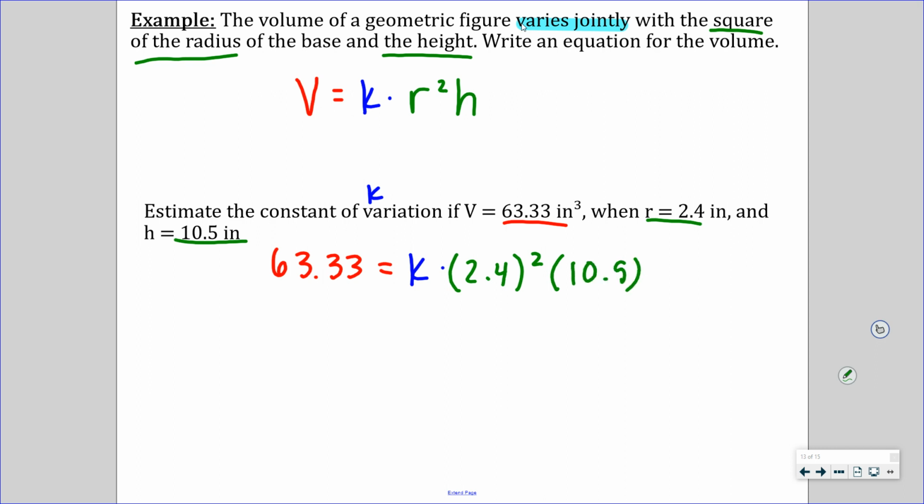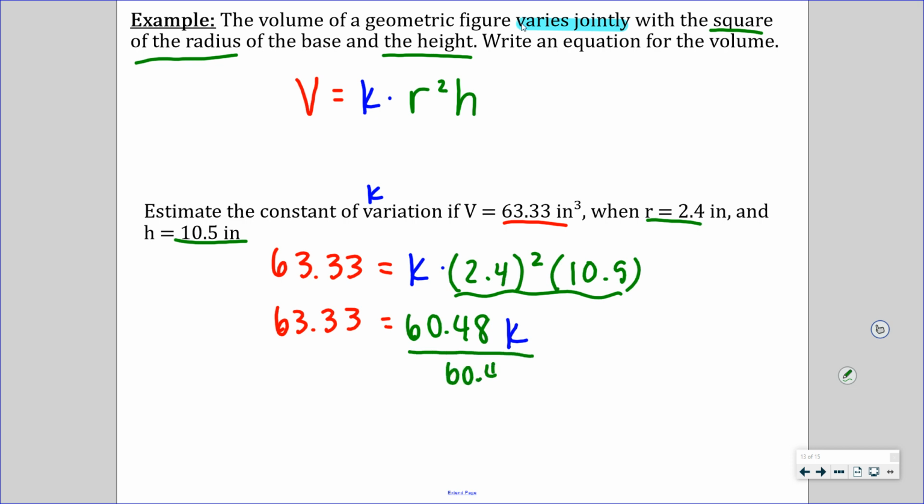This is usually what the second step is in these types of problems, they'll give you a relationship between the variables, and then you solve for the constant. I multiplied these numbers together, and I got 60.48. I'm going to put that in front of my constant just because that's how you're used to seeing it in equations. You don't have to, because to solve for K, we would just divide by that 60.48 number.